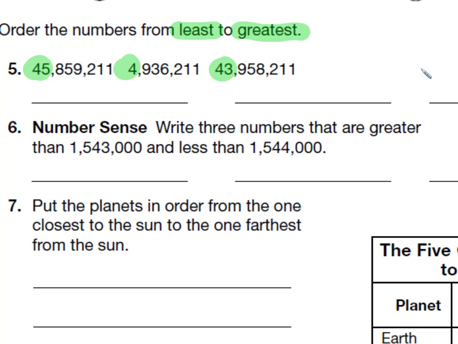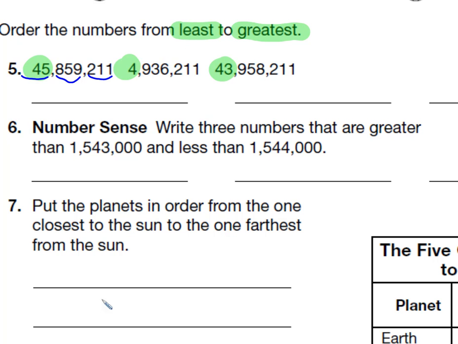And if you forgot what the millions period is, the first three numbers are the ones period, the next three numbers are the thousands period, and then the next group of three is what we call the millions period. Well, in the first number we have 45 million. The next number we only have 4 million, and the last number we have 43 million. So it's very obvious which one is the smallest.